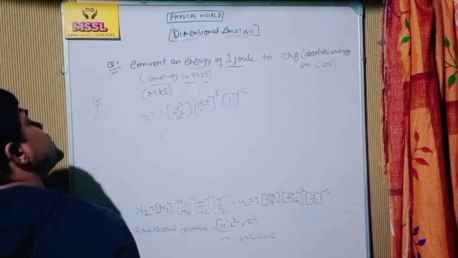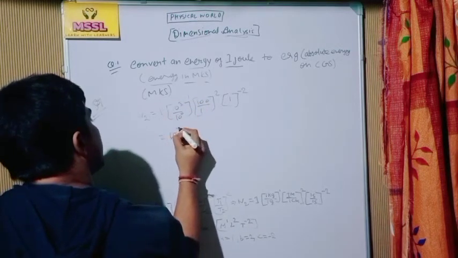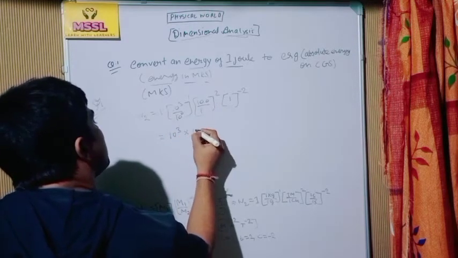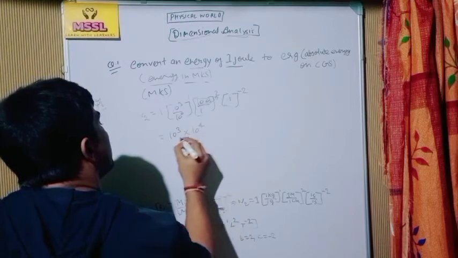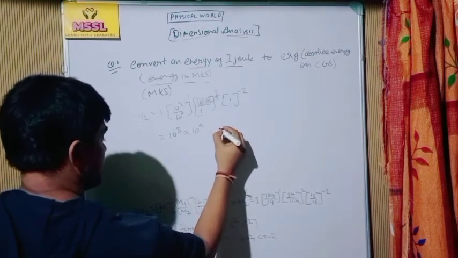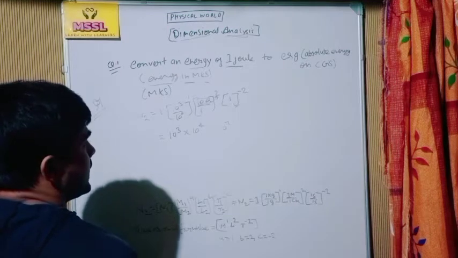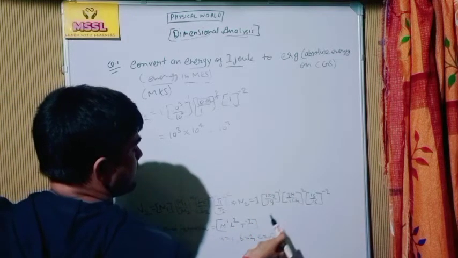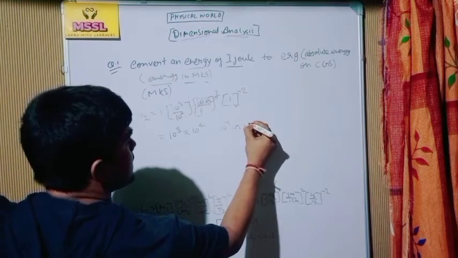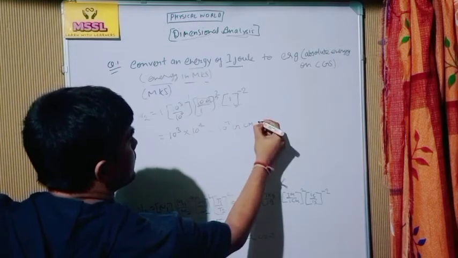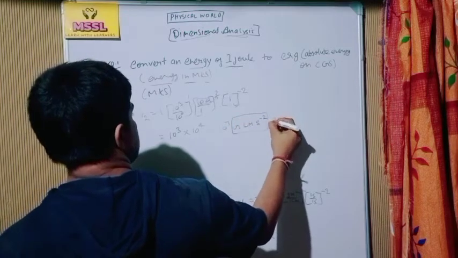Now this becomes 10 to the power 3 into the square, so we can write 10 to the power 4, and altogether 10 to the power 7, gram centimeter per second square. This is what we can write as erg.